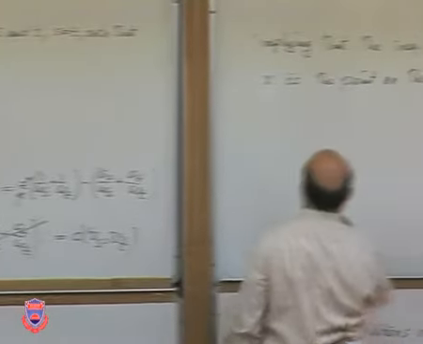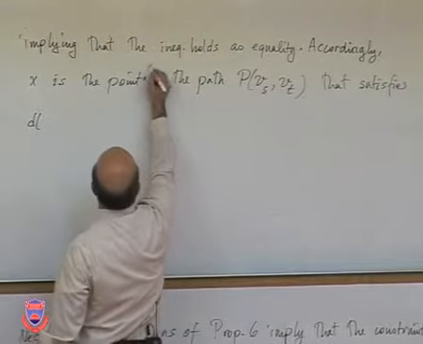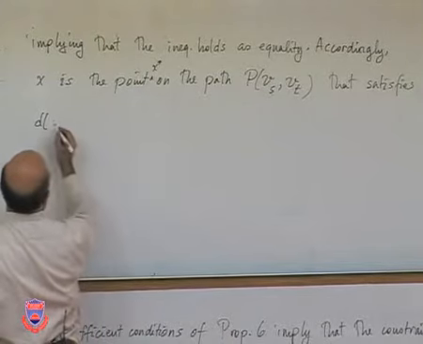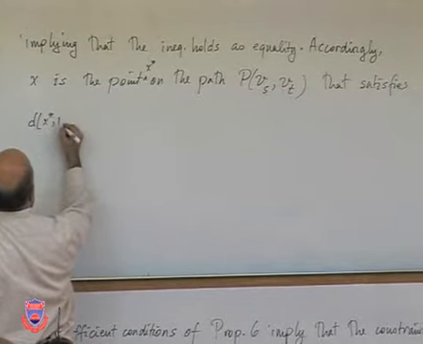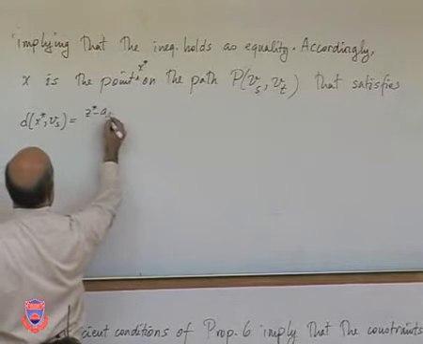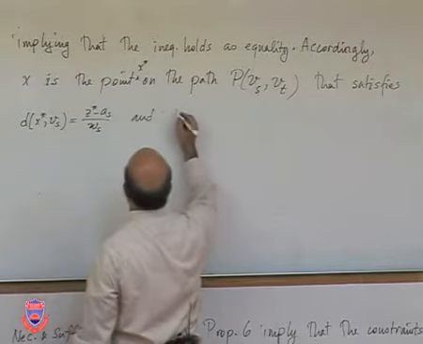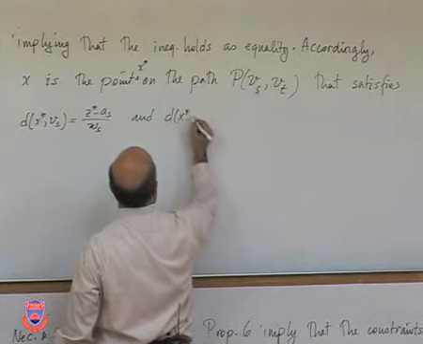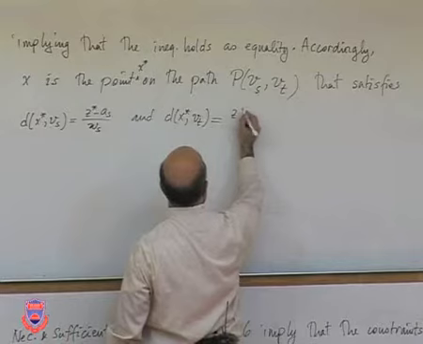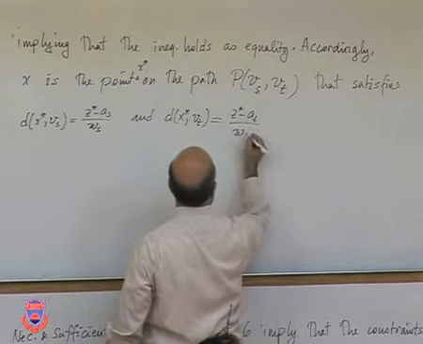So that satisfies distance, let's call it x star here, is the point x star on the path that satisfies the x star Vs is equal to z star minus ASW divided by WS, and dx star Vt is equal to z star minus AT over WT.